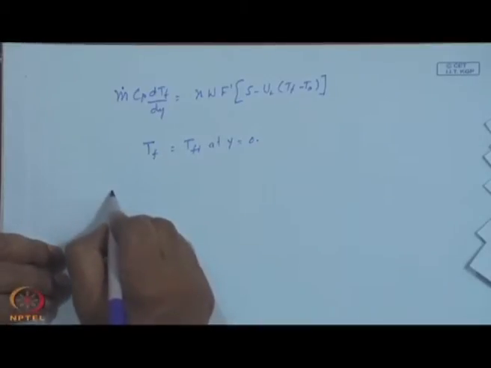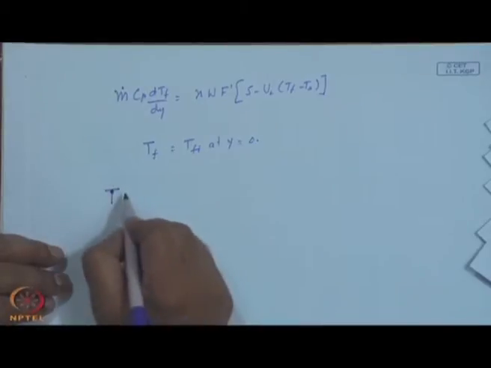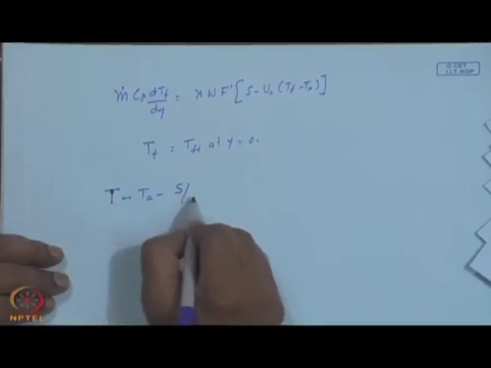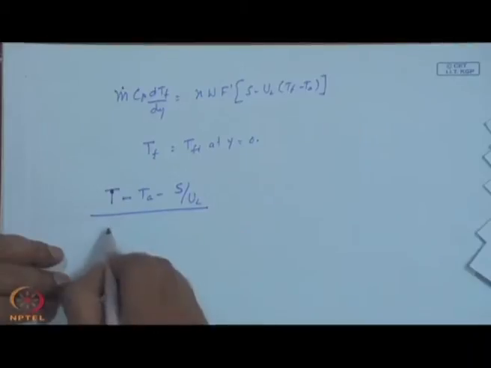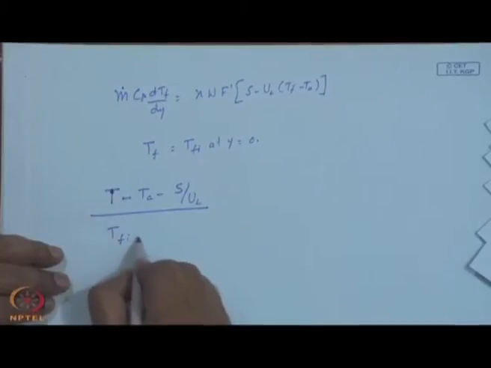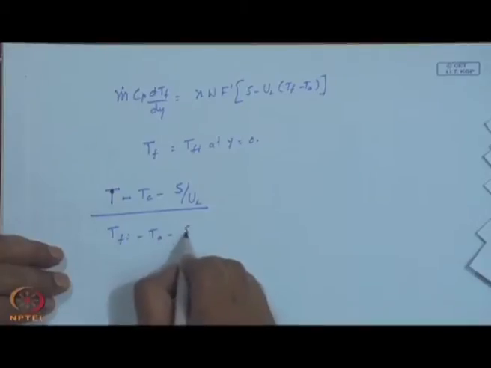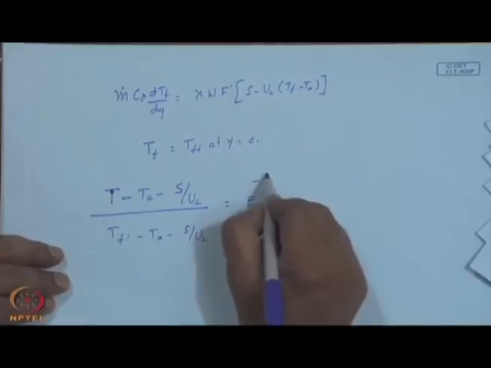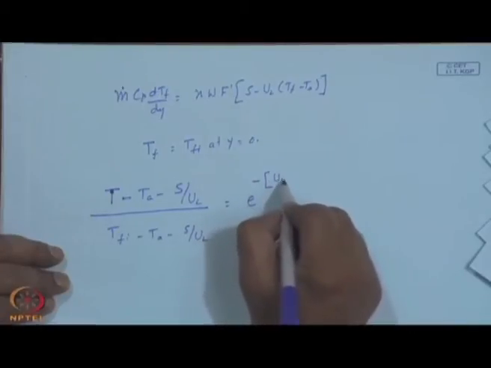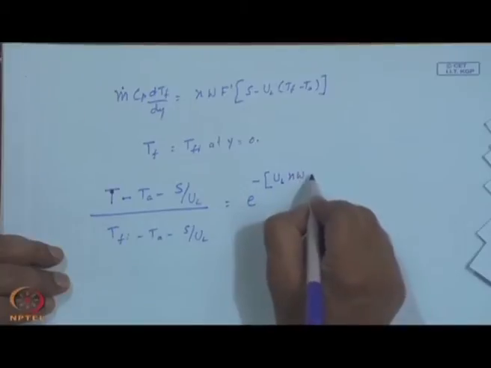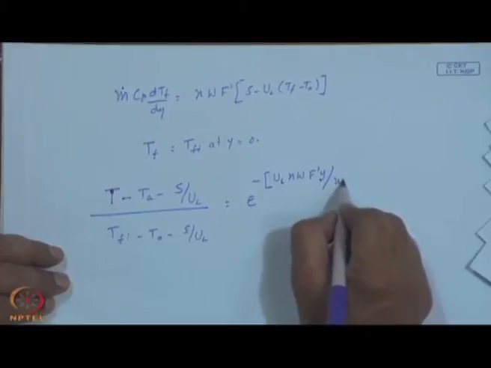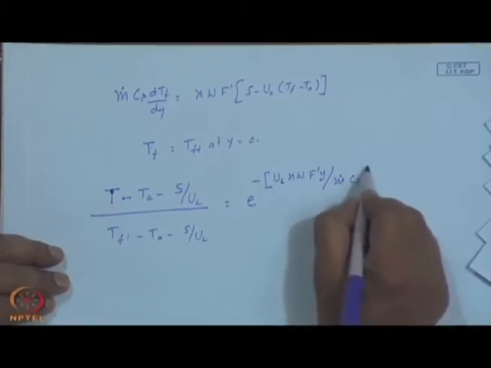T a and S are assumed to be constant along with your U l, so T f minus T a minus S upon U l by T f i minus T a minus S upon U l will be exponentially decaying, e to the power minus U l n W F dashed y by m dot C p.